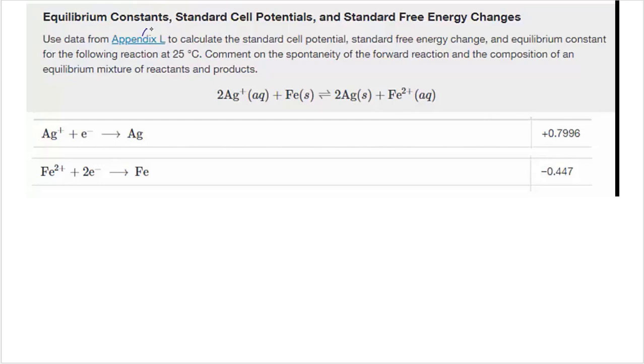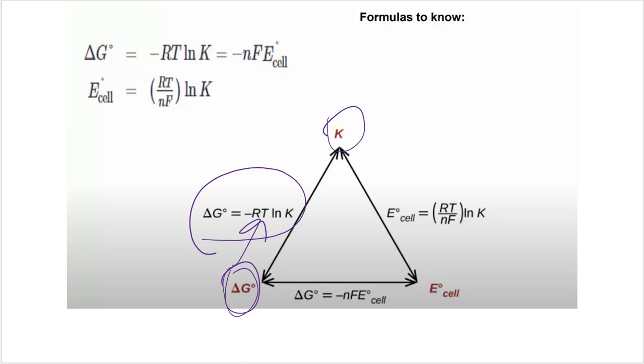And then finally, we just need to find K, the equilibrium constant. And to do that, I'm going to flip back to this triangle up here. We just found delta G, and we know Ecell too. We could go either way. We could use either one of these equations.